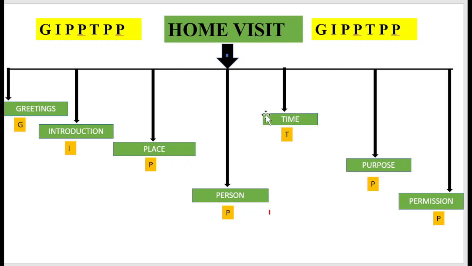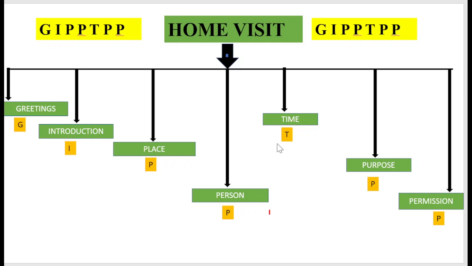There are 2 types of conversation in OET speaking, known and unknown. For the unknown, you need to follow these steps, but for the known, you don't need to follow all of them because you already know this person. Greetings are needed, introduction is okay but not too bad, but place and person are not needed because you know the person already.